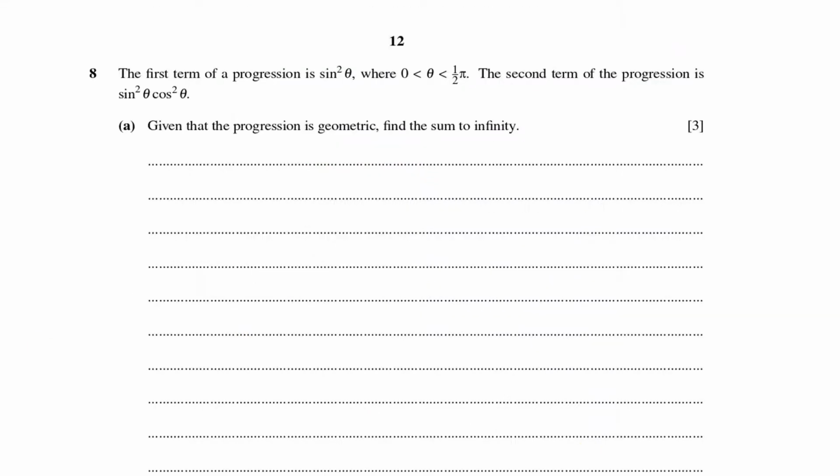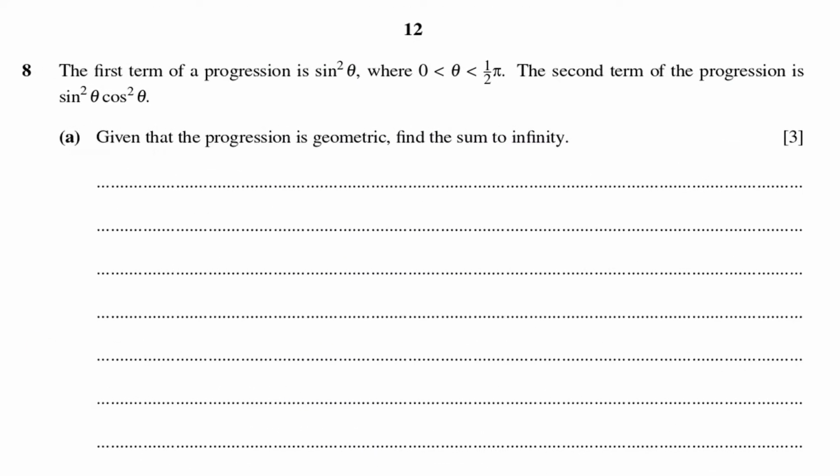Let us look at question number 8. The first term of a progression is sine squared theta, where theta ranges between 0 and a half pi. The second term of the progression is sine squared theta cos squared theta. So on A, given that the progression is geometric, find the sum to infinity.